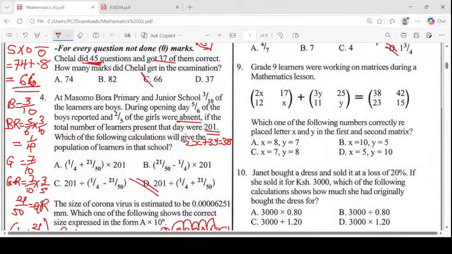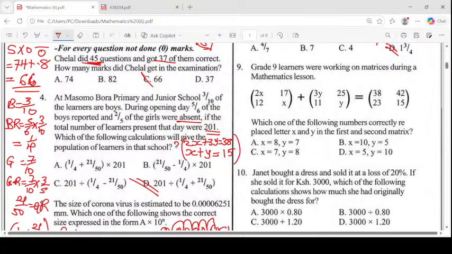In the next equation, we are going to say x plus y to give me 15. X plus y is equal to 15. Let us solve these two equations simultaneously.